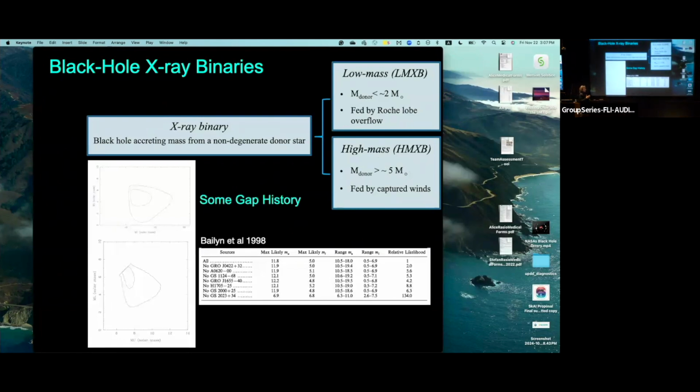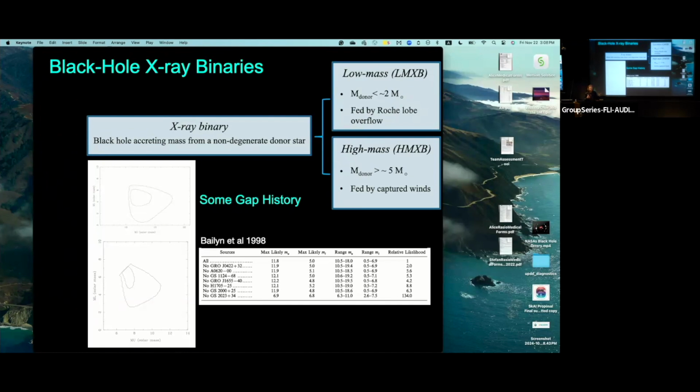Now, I'm going to start with some gap history. And the first plot I'm going to show you, I promise you it's the worst plot throughout the talk. It's not my plot. It's from a paper back in 1998 when I was a first year postdoc or a finishing graduate student, by Charles Bailyn and collaborators.